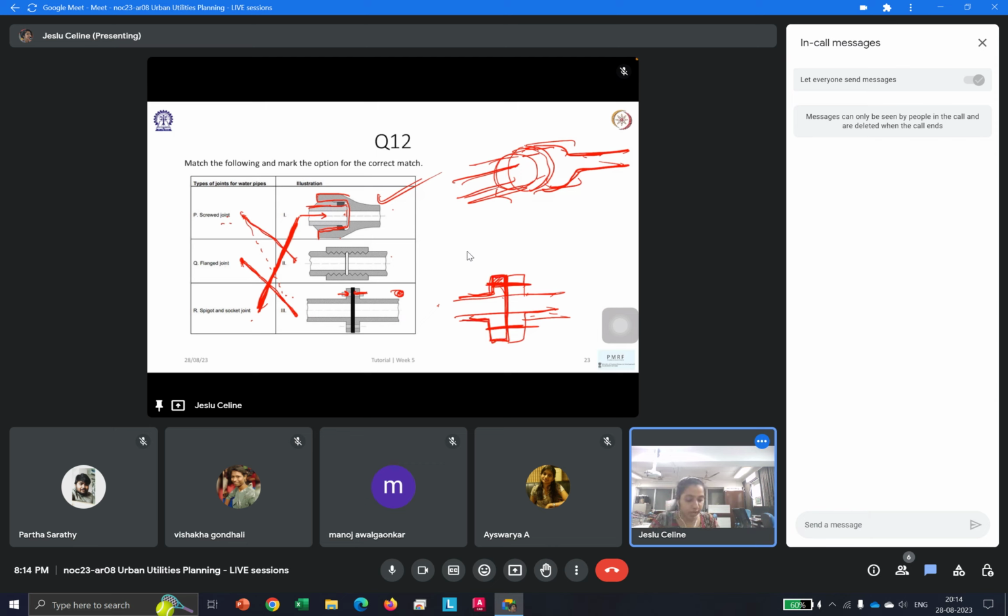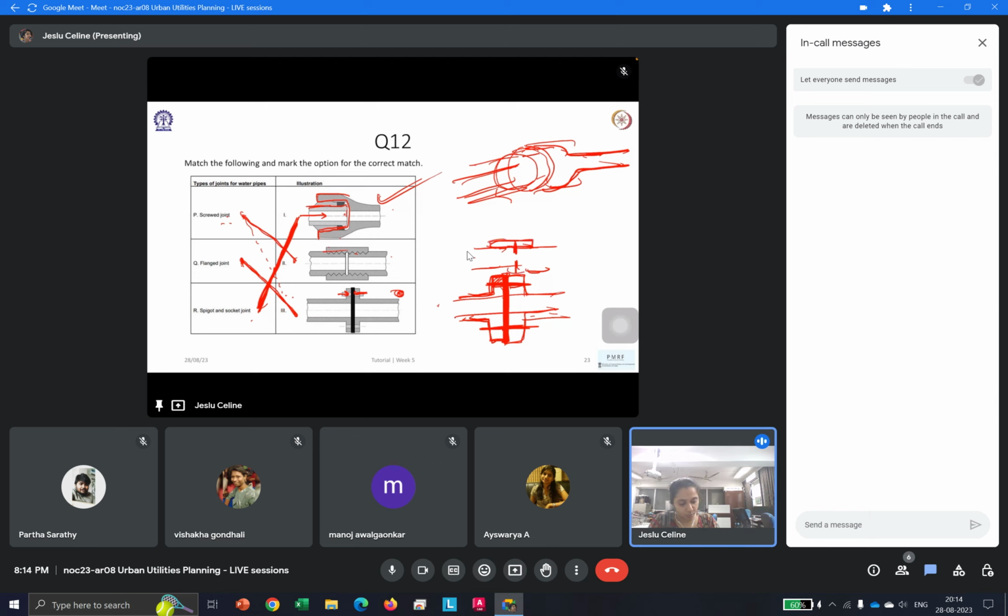By name, this is a flanged joint because there are two flanged sections put together in order to join. But this is the screw joint, because you have two pipes and you're screwing them together and then covering it up.